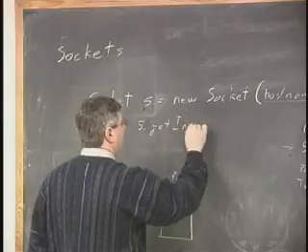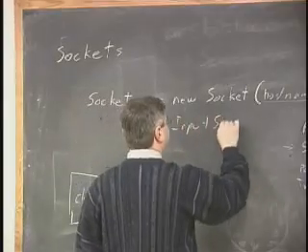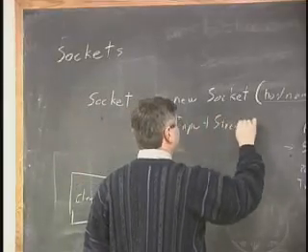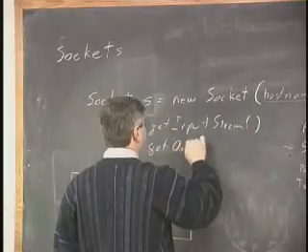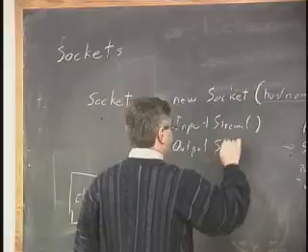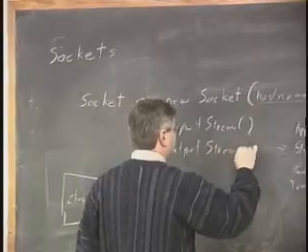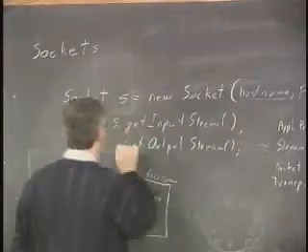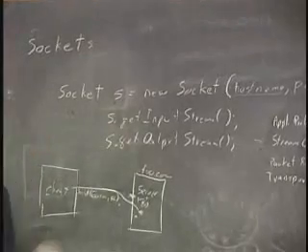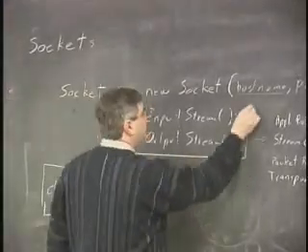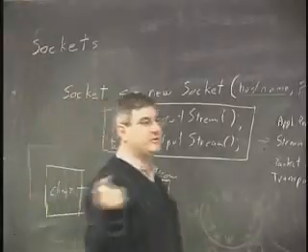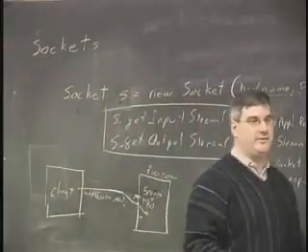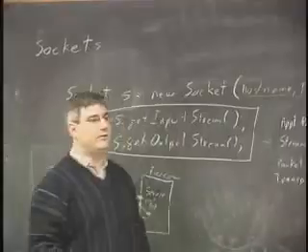This thing has get input stream and get output stream methods. Once you have a socket, you can get the input stream and output stream and then start gluing up those chains of stream things that you want to use.